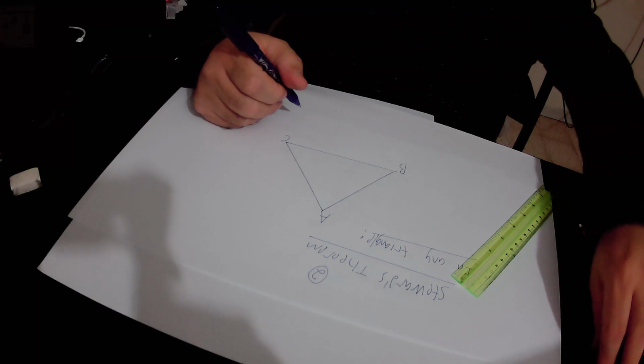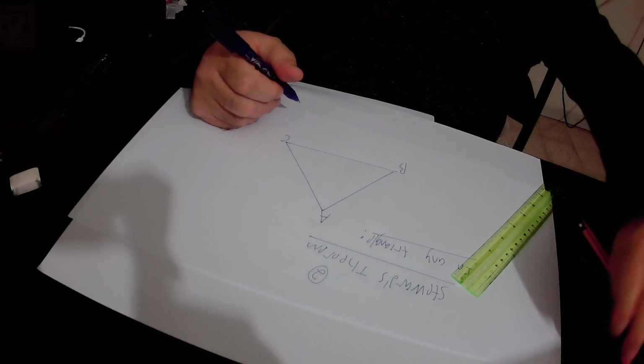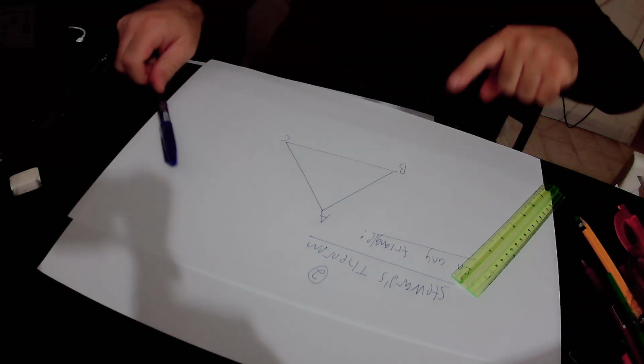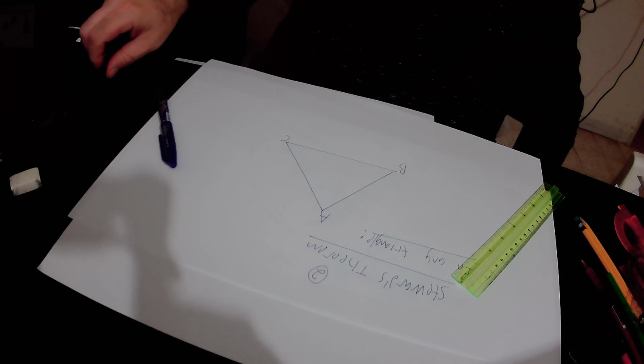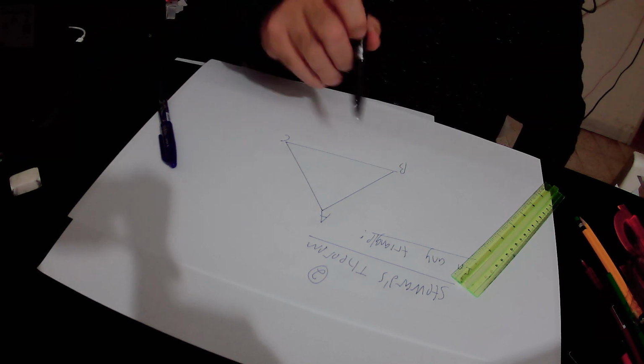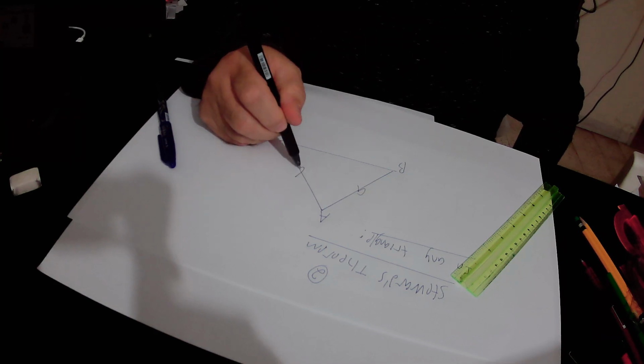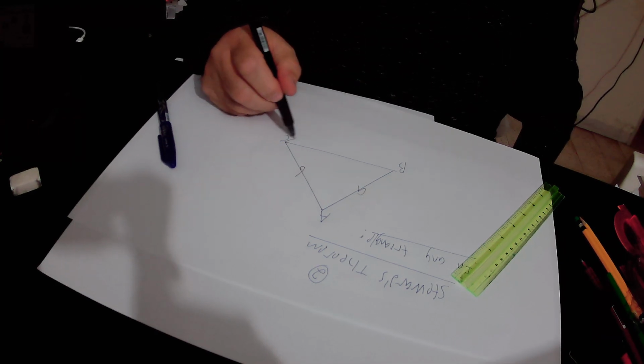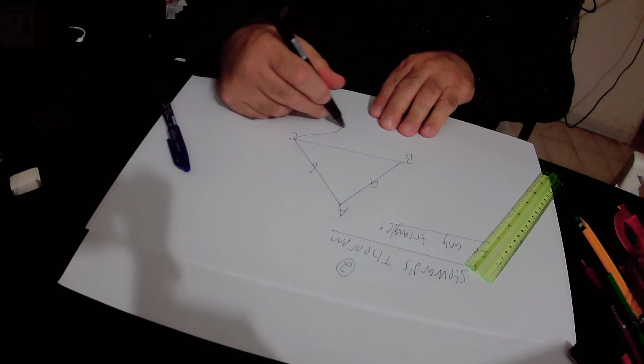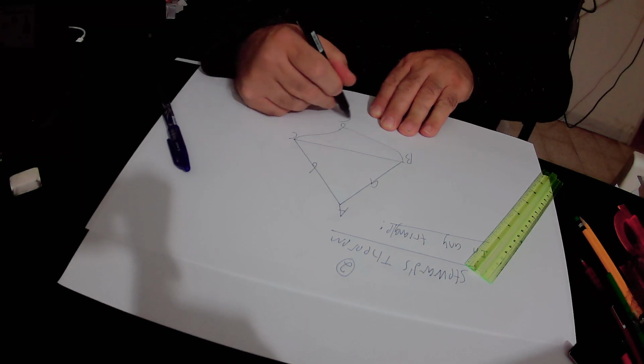We know that the length of side AB is equal to A units. Side AC equals B units in its length. And side BC equals C units in its length.